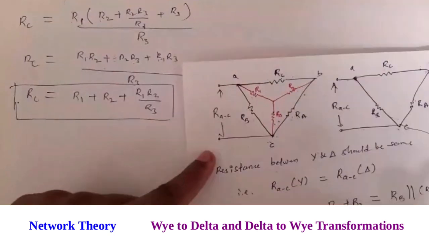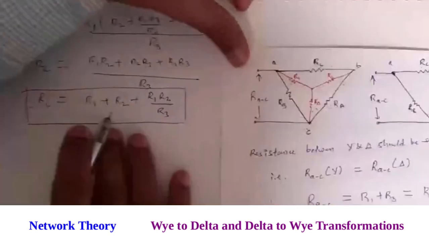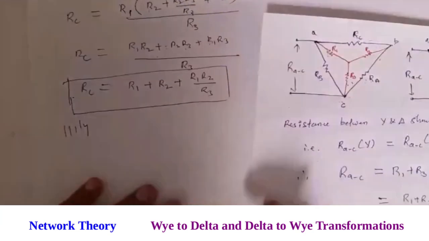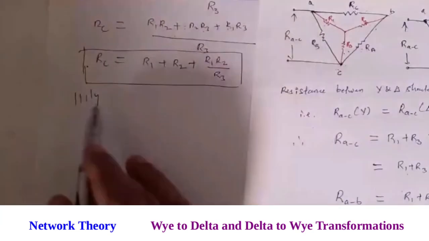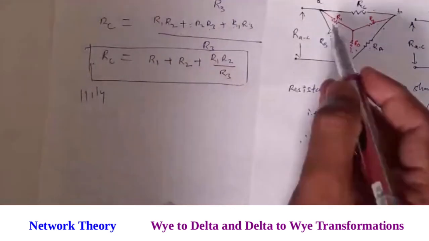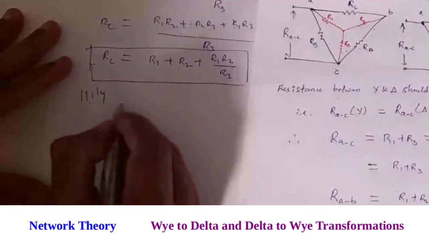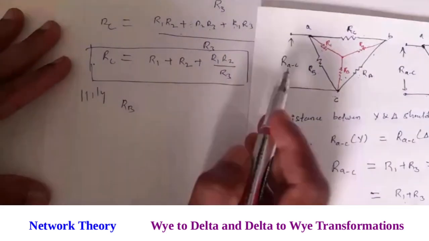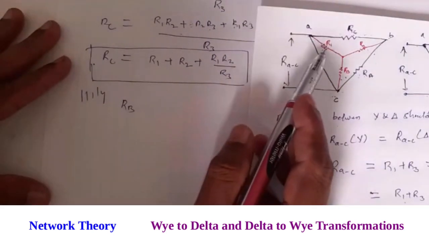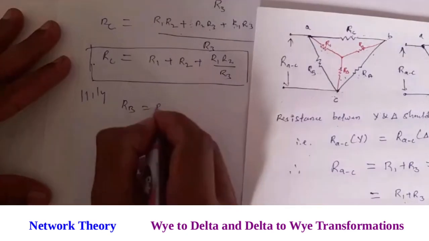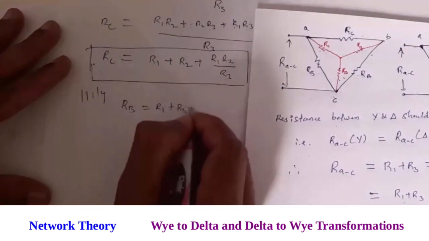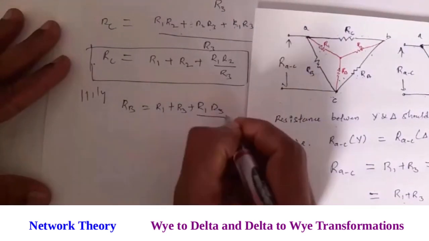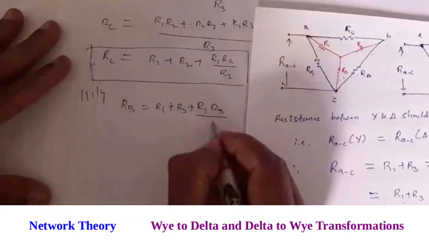Similarly, if you adopt this same procedure, let me write for RB. If I want to write for RB, two resistances which are connected to it, R1 plus R3, and multiply these two resistances, R1 R3 divided by the resistance which is not connected to it, R2.